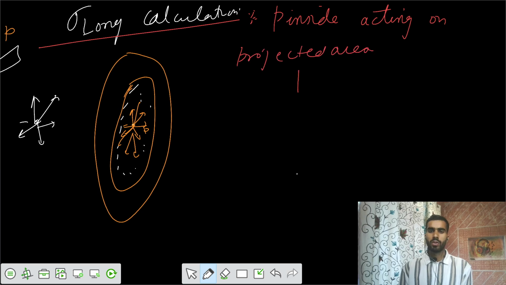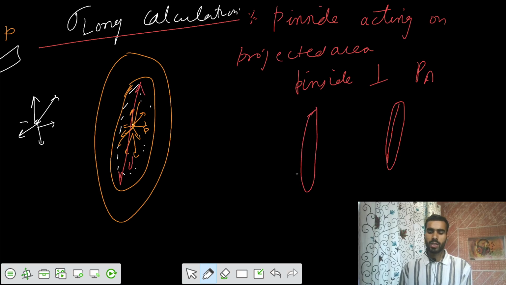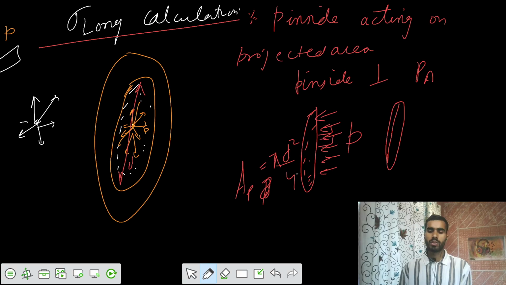So we assume that P inside is also perpendicular to the projected area of that inside diameter D, on which the inside pressure is acting. So this is your projected area, AP equals pi d square by 4. On that, P is acting perpendicular to that cross section, normal stress.